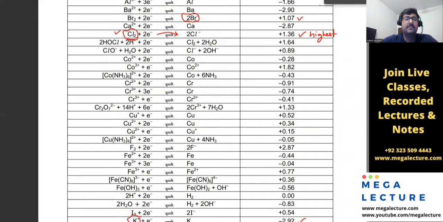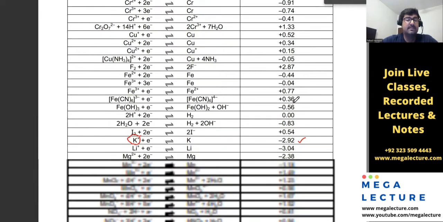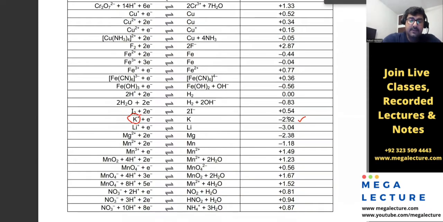Then I have to figure out who's going to lose electrons, the one that is the lowest. So 1.07, 1.36, minus 2.92, which one is the lowest? The lowest is minus 2.92. Although this is the lowest, so this is supposed to lose electrons, I can't use this equation because I don't have potassium with me.